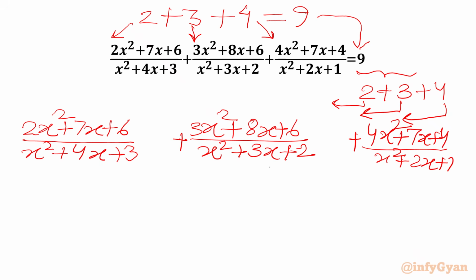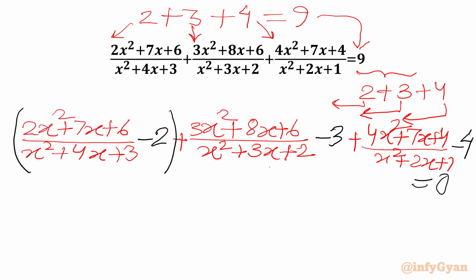Now we will subtract our RHS 2, 3 and 4. So I will write minus 2, minus 3 and minus 4 equal to 0.